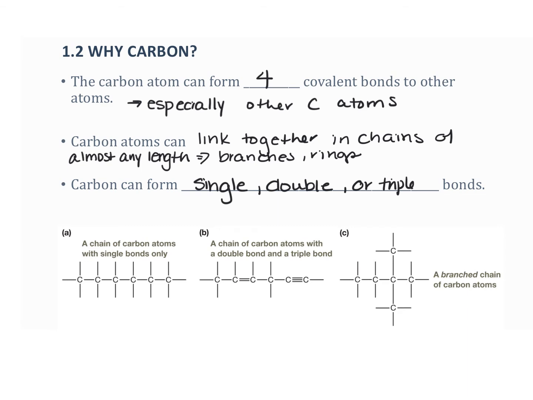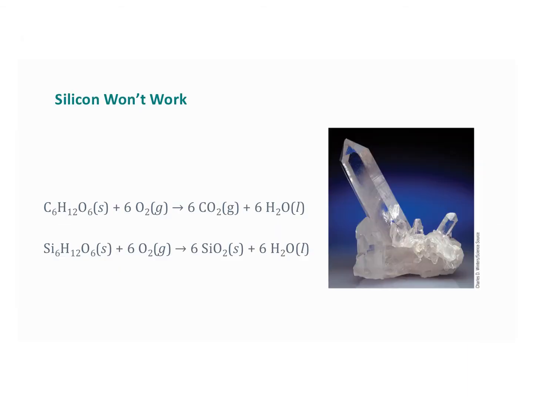Now, maybe the burning question in your heart is, what about silicon? Silicon is right down in the periodic table from carbon. So silicon has a lot of similar functionalities.